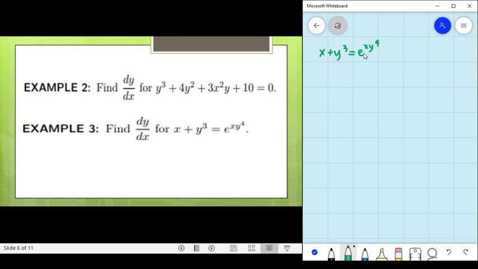Okay. So, finding the derivative of x is 1. So we don't put dy over dx since it is x, plus the derivative of y cubed is 3y squared. So, we are going to put dy over dx.